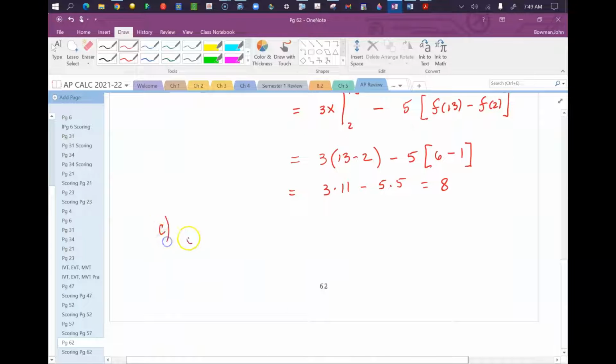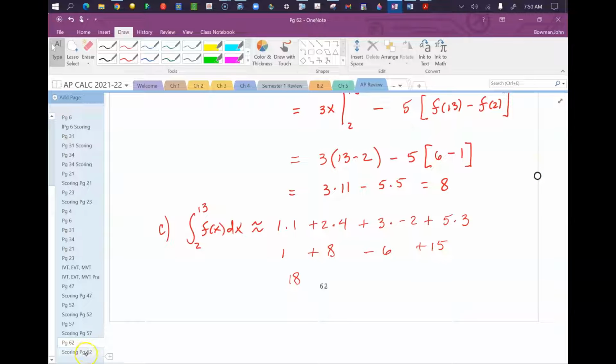So in part C, the integral from 2 to 13 of f of x dx is approximately equal to that. And if you figure that out, you get 1 plus 8 minus 6 plus 15. Add all those together and you get 18.